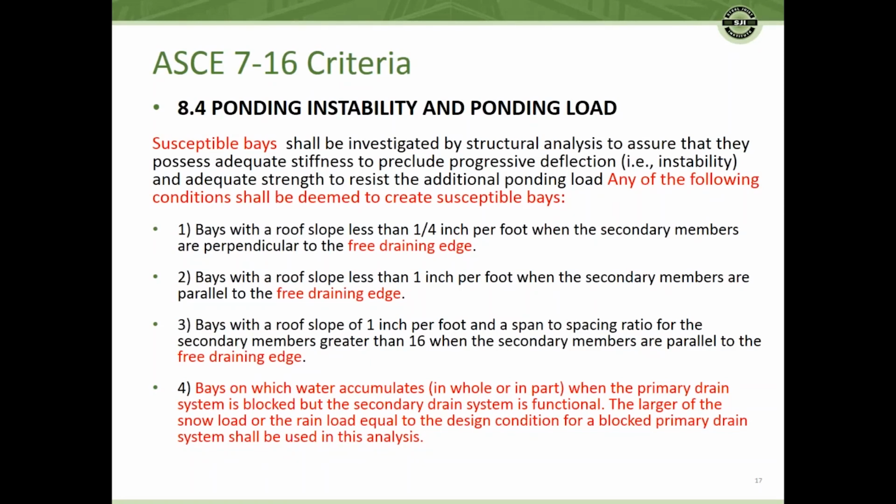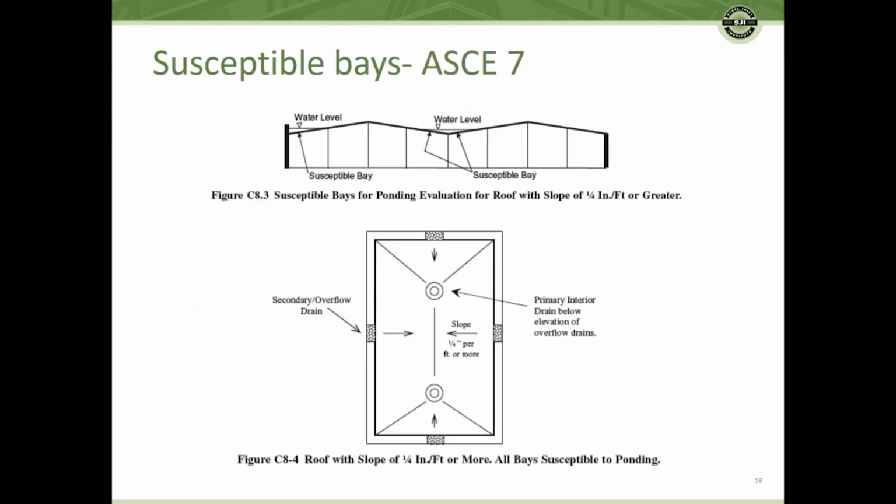In other words, joists running perpendicular to the free draining edge. Bays with a roof slope less than 1 in 12 when the secondary members are parallel to the free draining edge. And then there's some stiffness requirements with span ratio, secondary members greater than 16. Again, indicating item 4 that the roof drains need to be considered blocked.